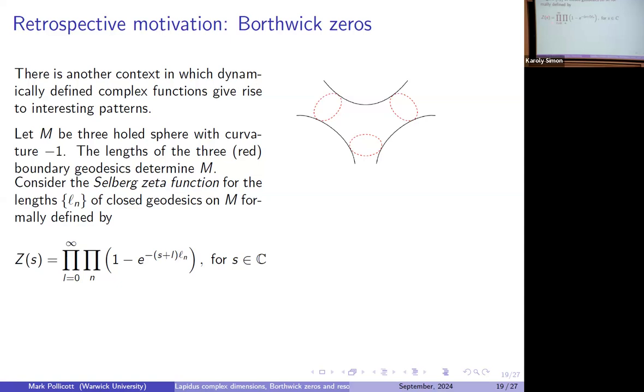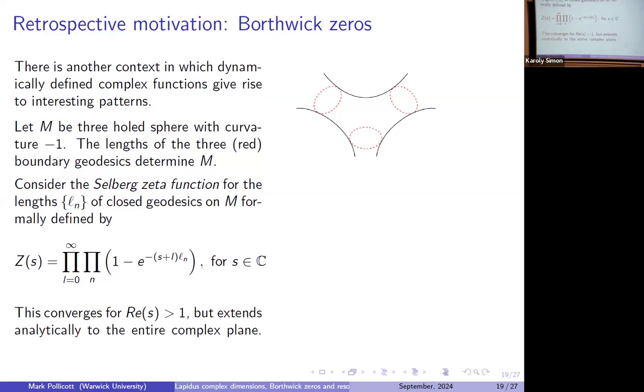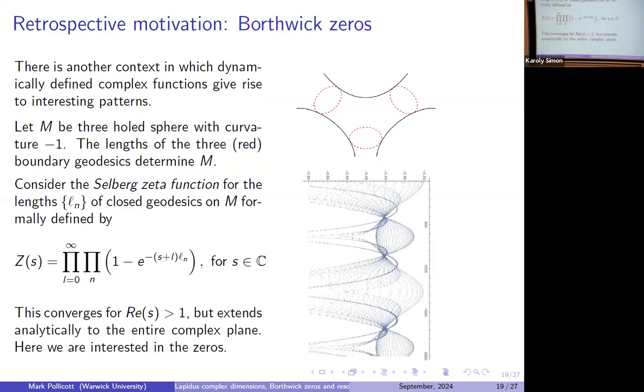And if you collect together the lengths of the closed geodesics and you stick them into a formula similar to one I defined before, it's a complex function encoding all this information about lengths of closed geodesics on the surface. And this one converges to the right of the real part of s equal to 1, but extends to the entire complex plane. And here is a plot for some example.